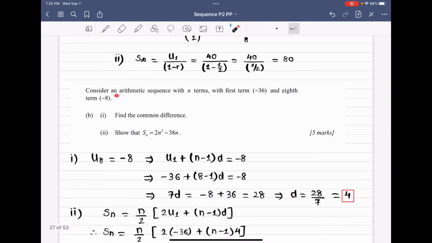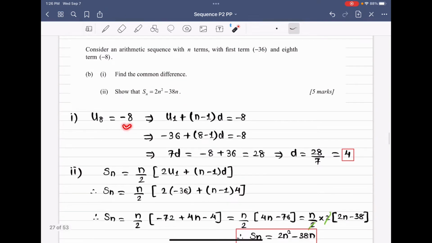Consider an arithmetic sequence with n terms, with first term negative 36 and 8th term negative 8. Find the common difference. I am using the term formula for arithmetic sequence, which is u1 plus n minus 1 bracket times d, equal to negative 8.